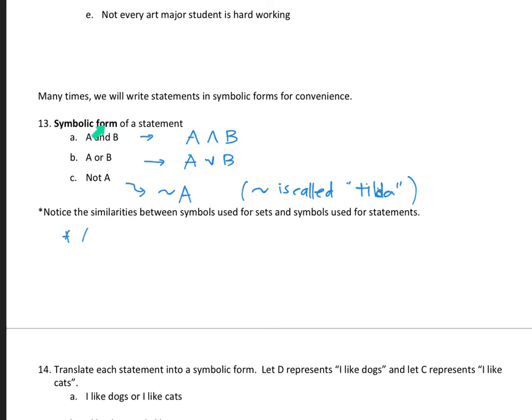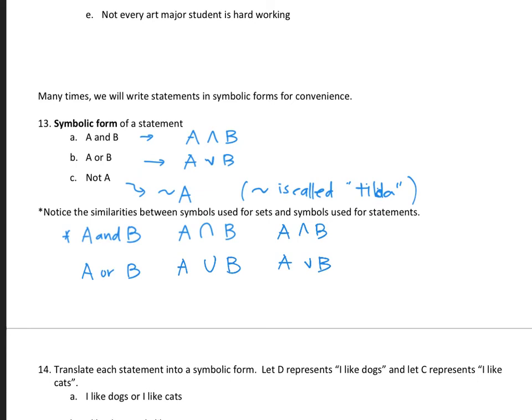So notice that A and B, for the set, is A intersection B. For a statement, it's A up arrow B. Basically kind of the same-ish, A or B. For the sets it's A union B. For the statements it's like this, right?